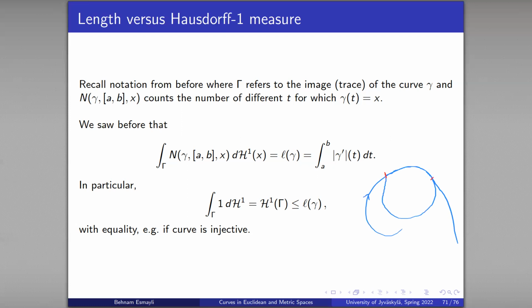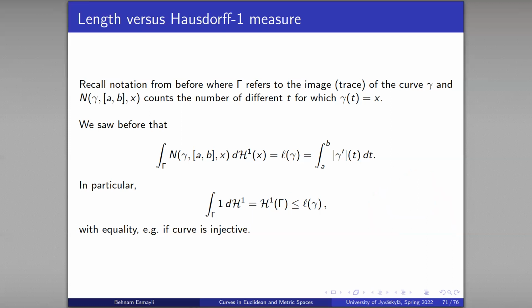So it goes this way, it comes back, makes a loop, covers itself again on this section, and then continues this way. So multiplicity on this red part from here to here is 2 and is 1 otherwise. So for the computation of length, this red part will be counted twice, but H1, just as a subset, doesn't see that that red part has been covered twice. That is how this becomes strict.